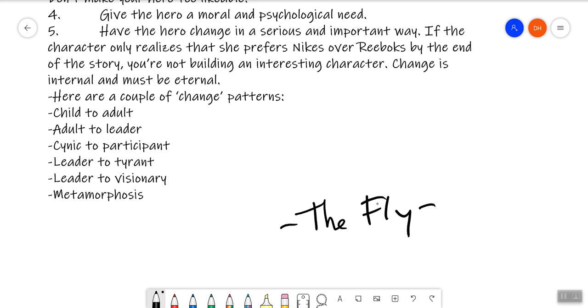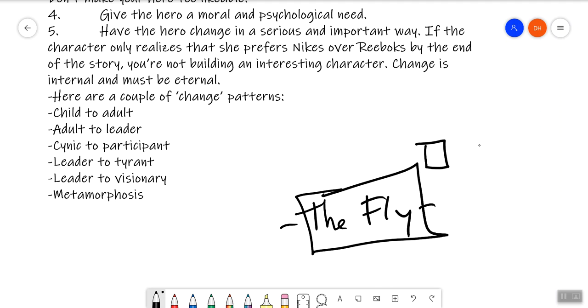It's called The Fly, and I think it's Jeff Goldblum and Geena Davis, I think, are the main actors in it. But anyway, the scientist, he's doing some work on genetics, and also, he's not doing genetics. He's doing teleportation, right? So trying to teleport matter from one point to another.